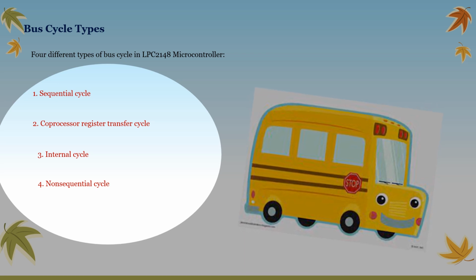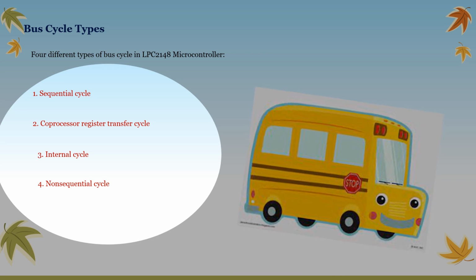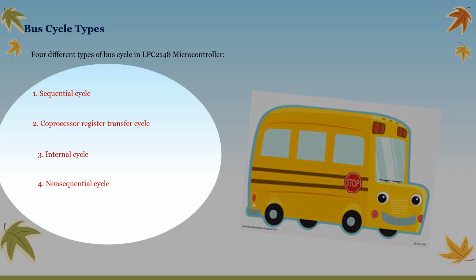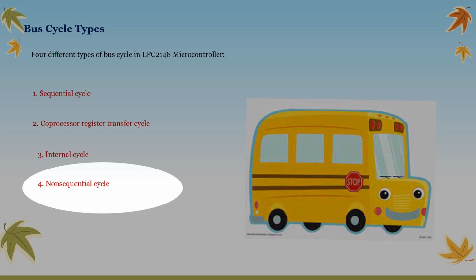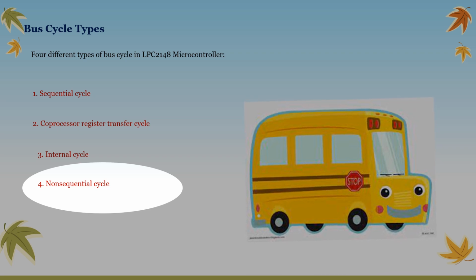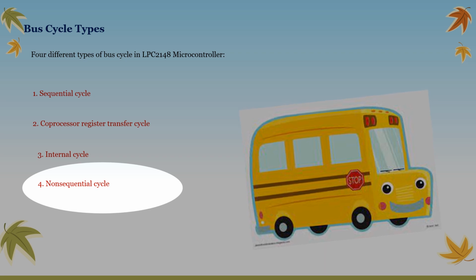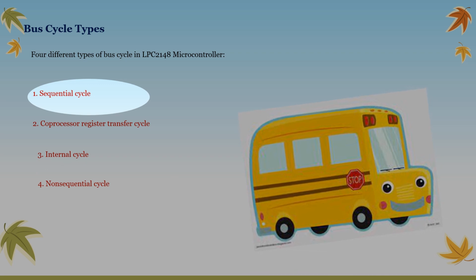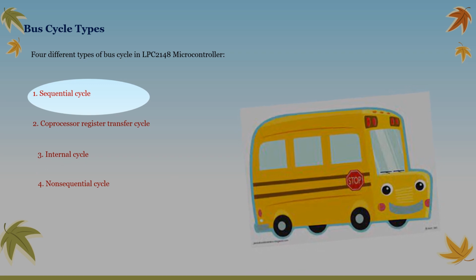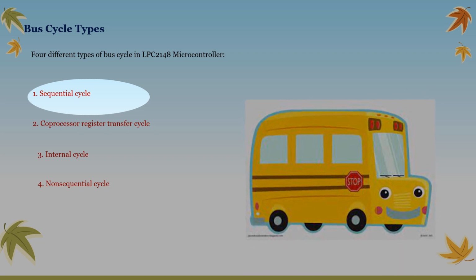The ARM7TDMI processor bus interface can perform 4 different types of bus cycle. A non-sequential cycle requests a transfer to or from an address which is unrelated to the address used in the preceding cycle. A sequential cycle requests a transfer to or from an address which is either the same, 1 word, or 1/2 word greater than the address used in the preceding cycle.